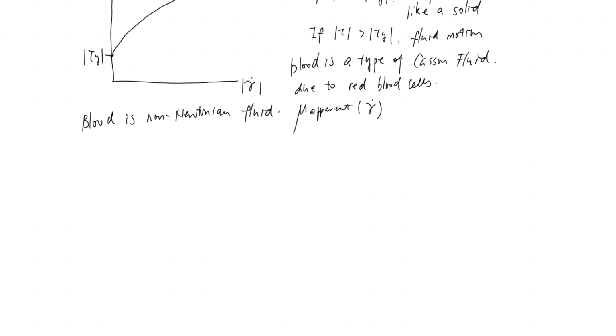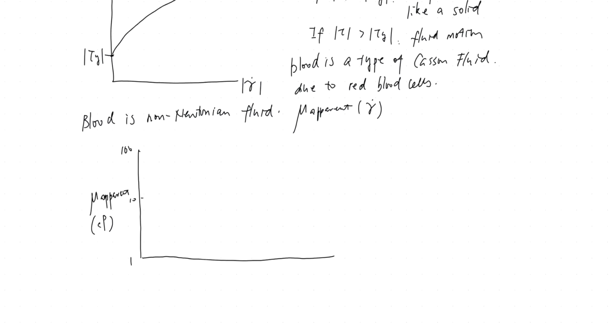Let me draw a diagram to show how the apparent viscosity of blood may look. This is in the unit of centipoise. I draw in log scale, 0.1 and 1.